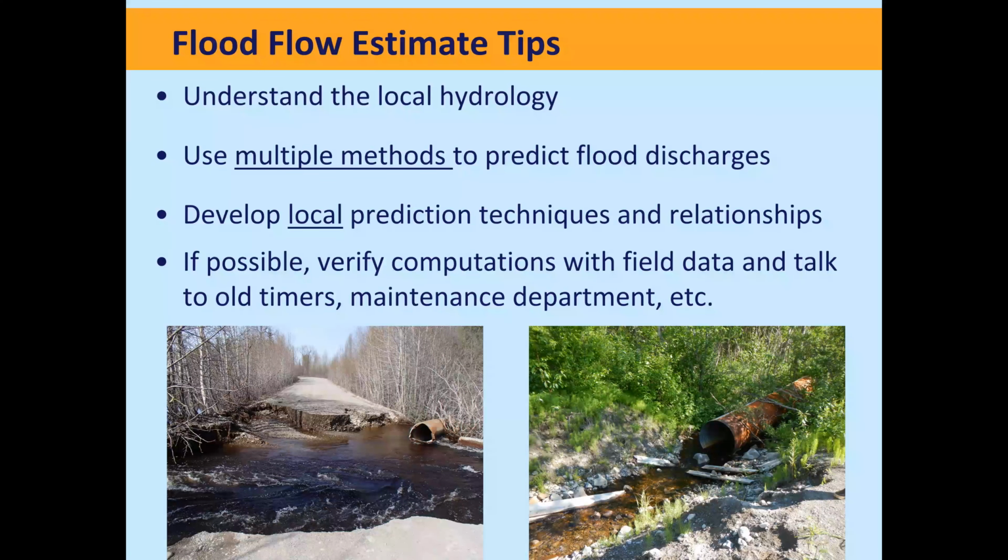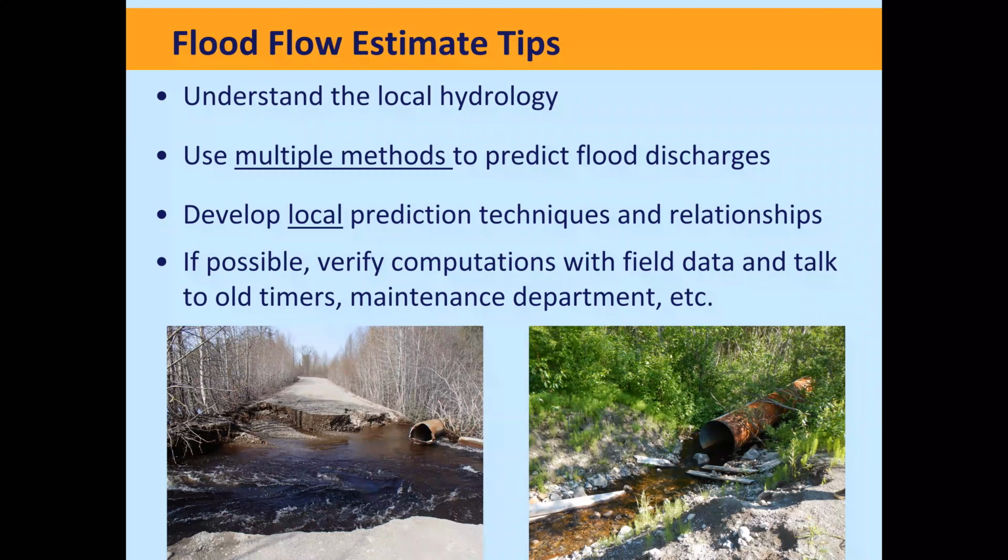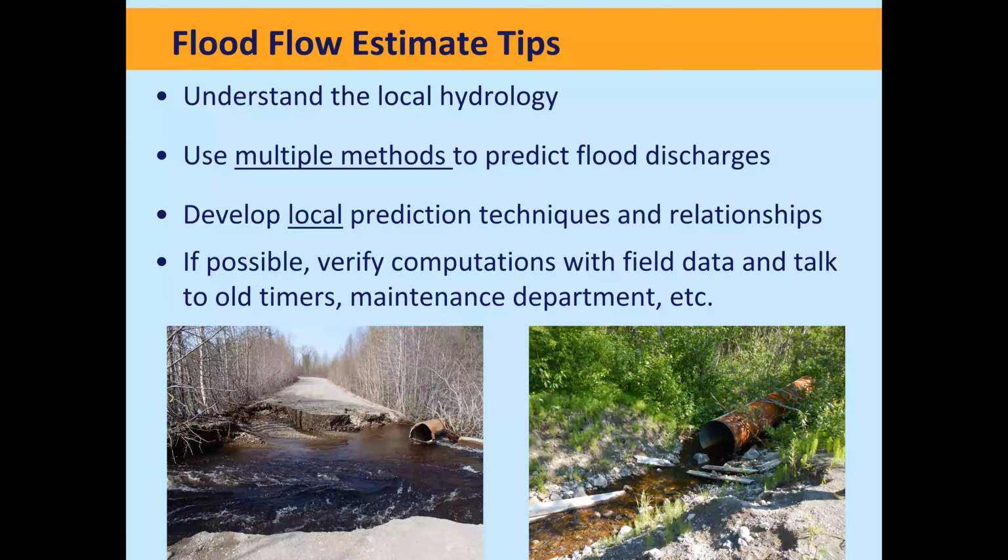And the next tip is to make sure you use multiple methods to predict your flood discharges. We'll talk some more about Alaska having some scarcity of hydrologic data and really needing to verify your estimates with multiple methods to come to a conclusion. That's a big theme in this talk.